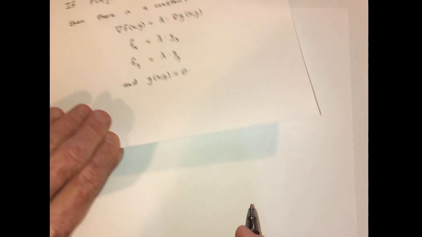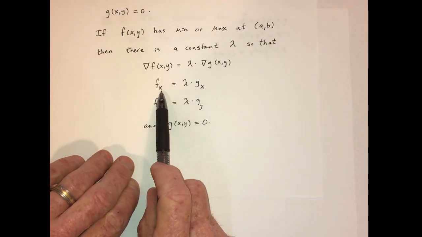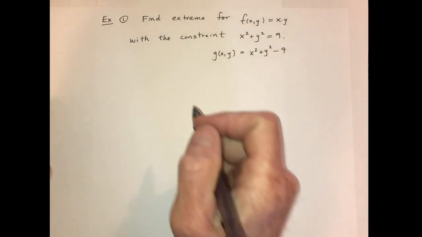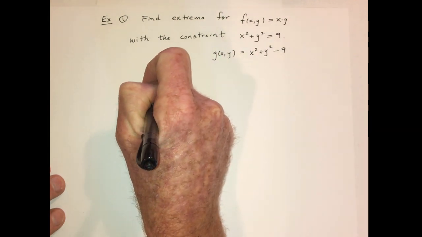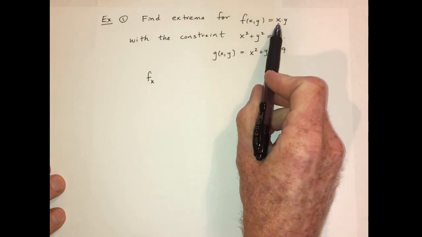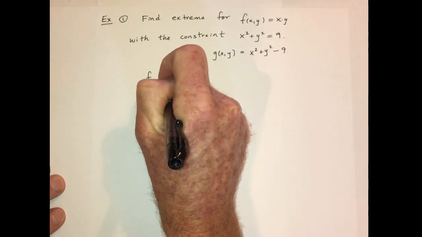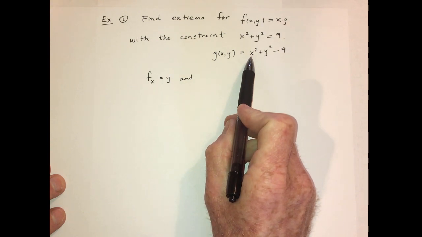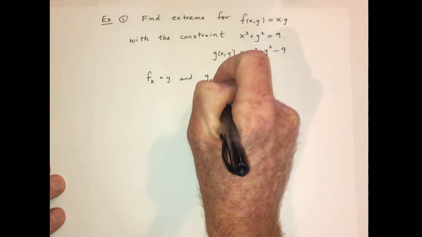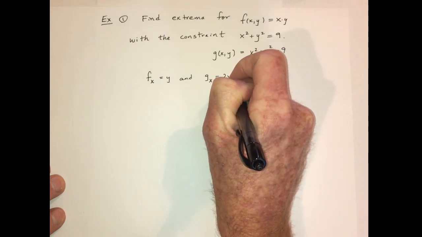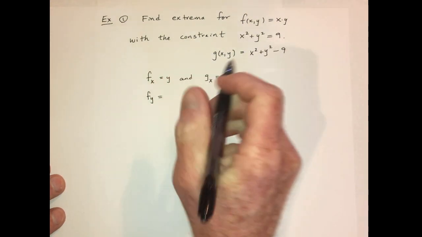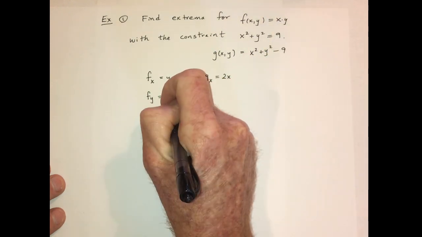Now we need to do this part. Take the partial derivatives with respect to x. For f, this is going to be 1 times y. For g, this one is going to be 2x. In a moment I'll set those equal to each other with the lambda. Now take the derivative with respect to y. This one would be 1 times x.